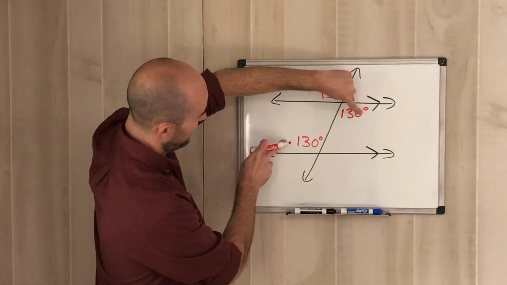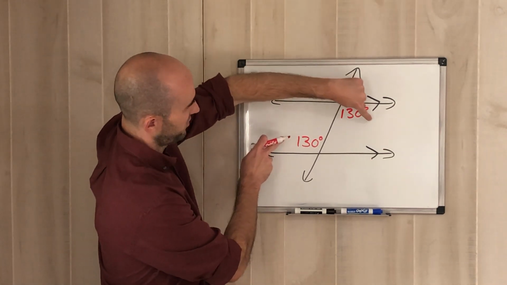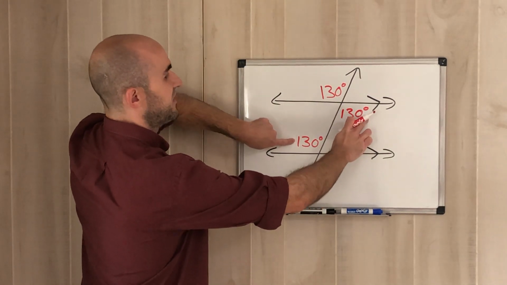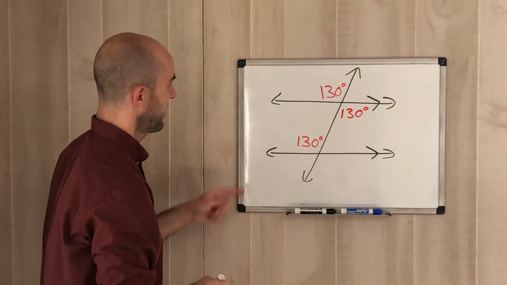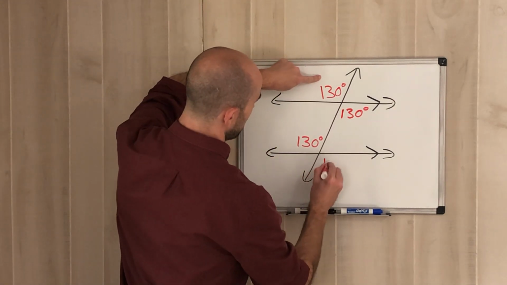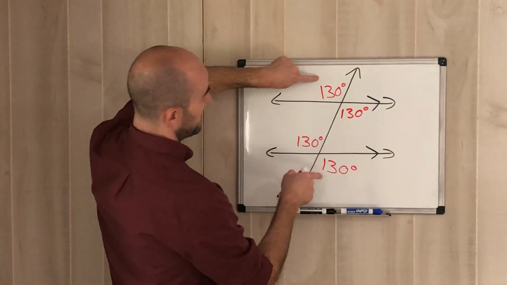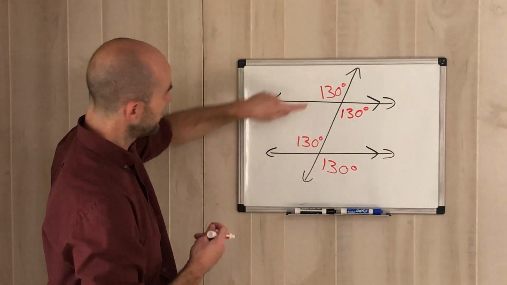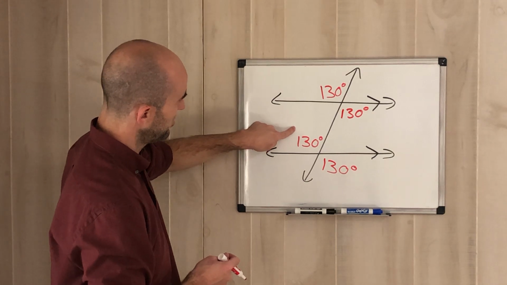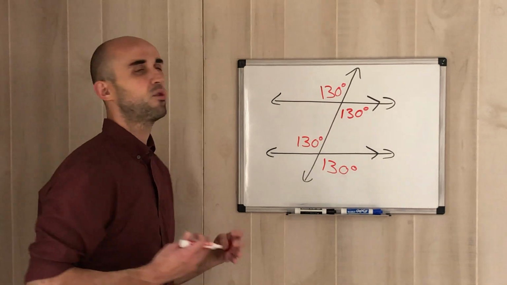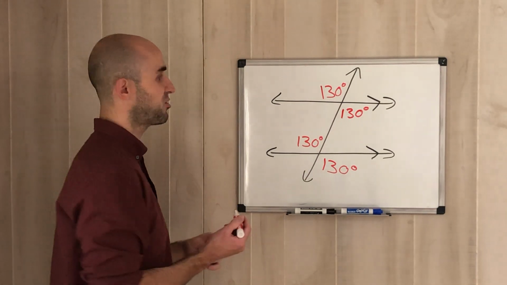Or you can say these two are alternate interior, because they're both inside on different sides, and alternate interior angles are the same. If that's 130, automatically this one has to be 130, because those two are alternate exterior, which means they're the same. Also, we see vertical angles. This one's 130, so that one's got to be 130. Vertical.